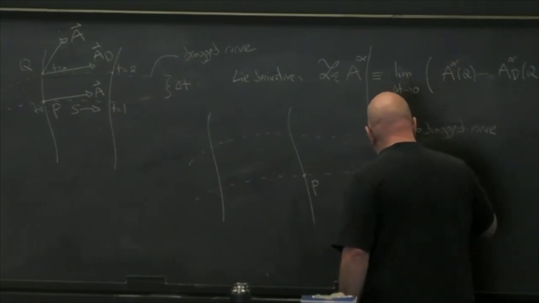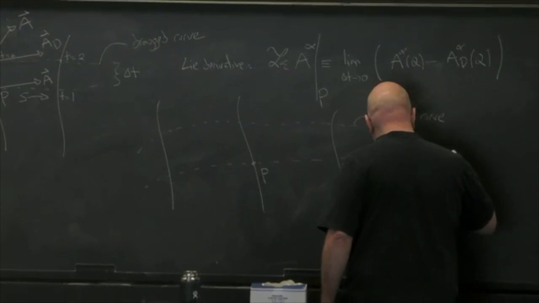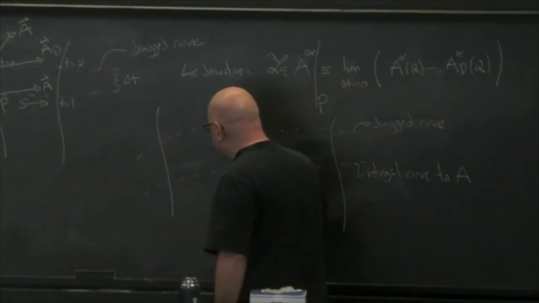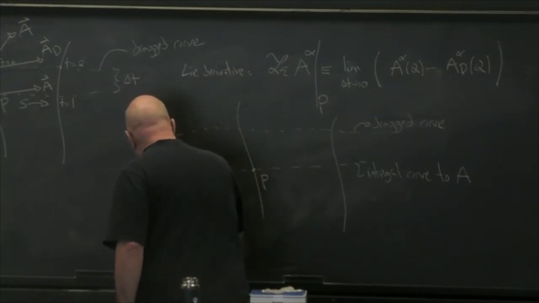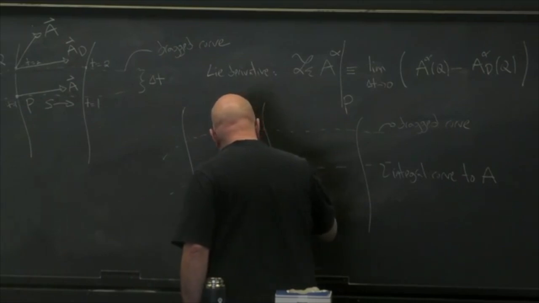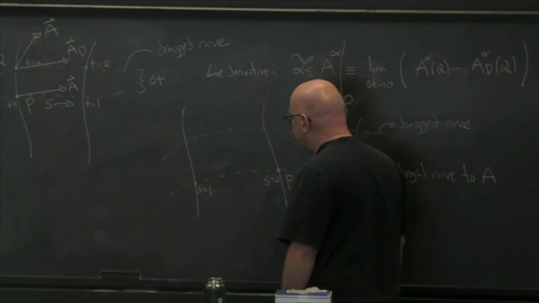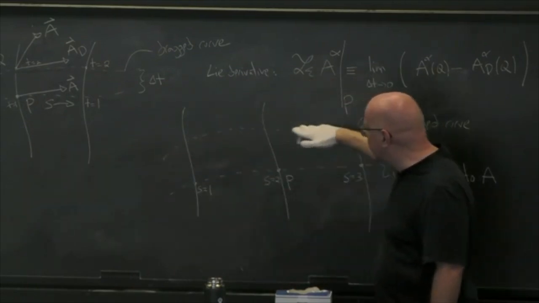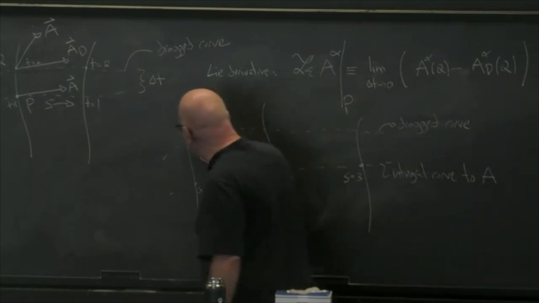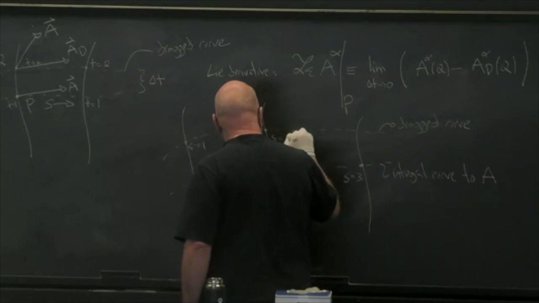Suppose that the value of s here was equal to 1, here equal to 2, here equal to 3. I'm going to set up a parameterization on that drag curve so that s is going to be the same value here, here, and here.